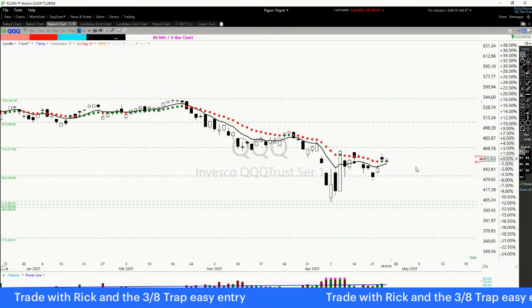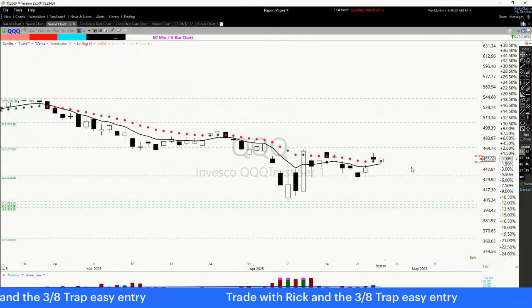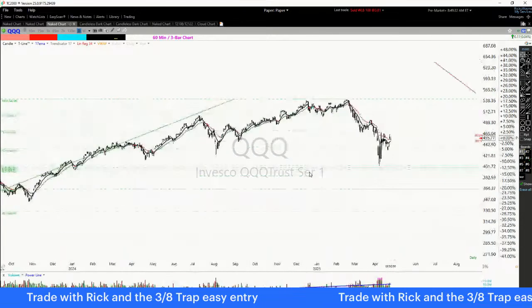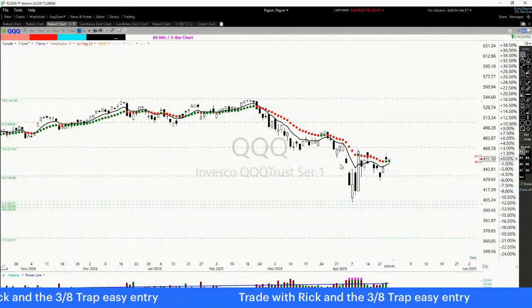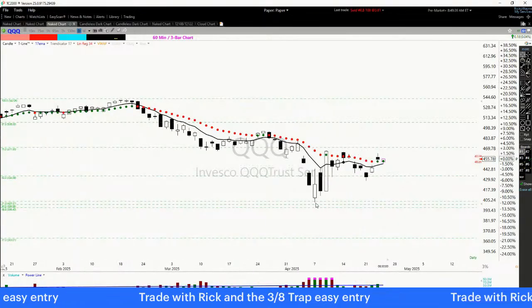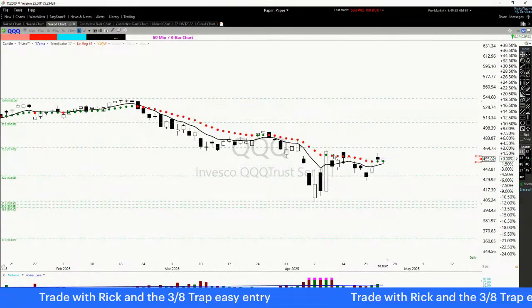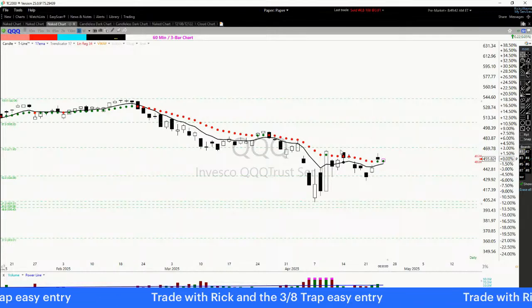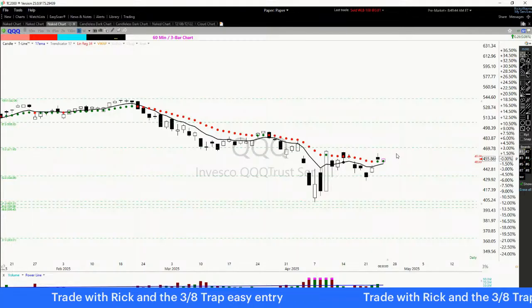Qs are acting pretty good. Pretty much the same kind of chart. You can see that on this one, I have it drawn a little differently. We actually came down to the 50% level. This is going to be the 50% level if I drew it, from this top. But it's pretty much acting just like the SPY.